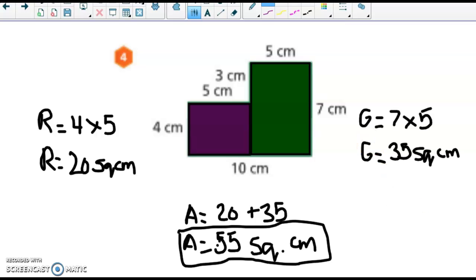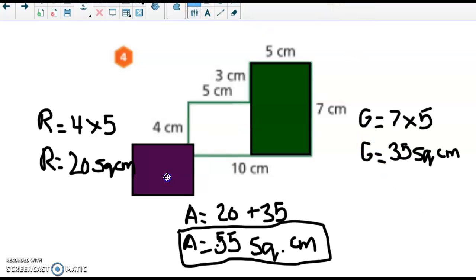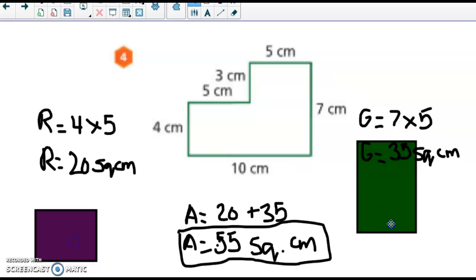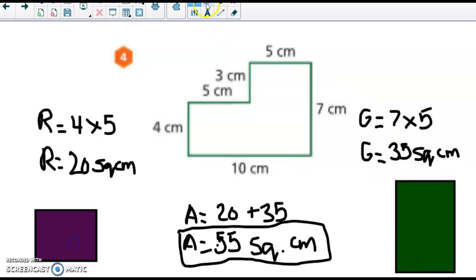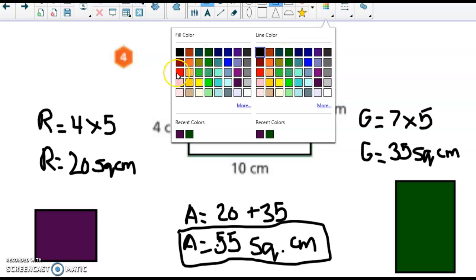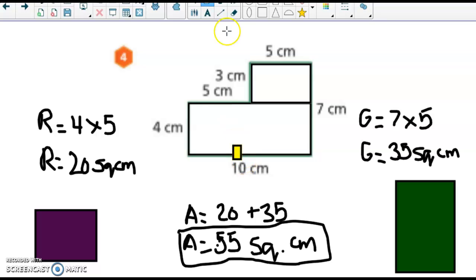Okay. You might have, and let me do this real quick. You might have split your rectangle into this rectangle and this rectangle. So let me fill those real quick.